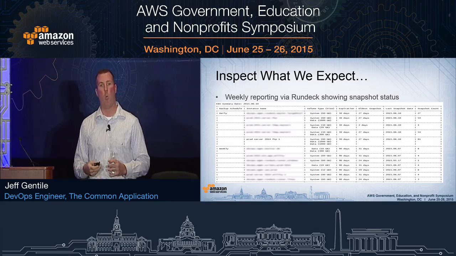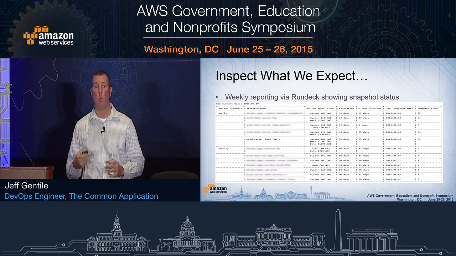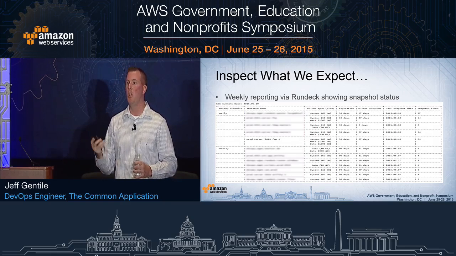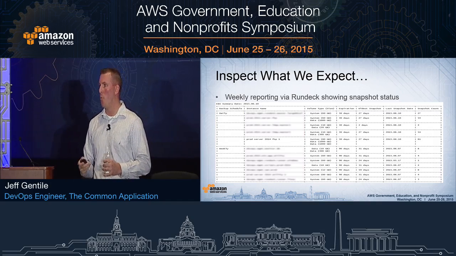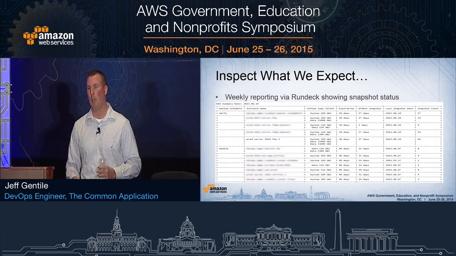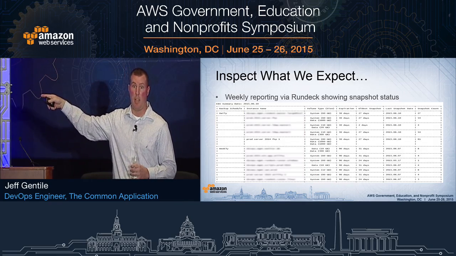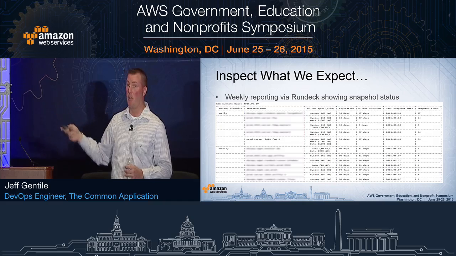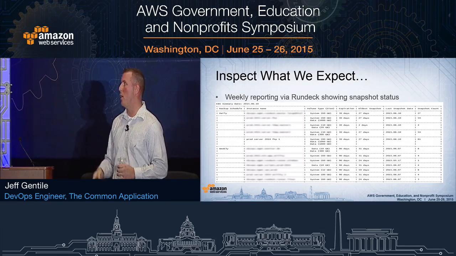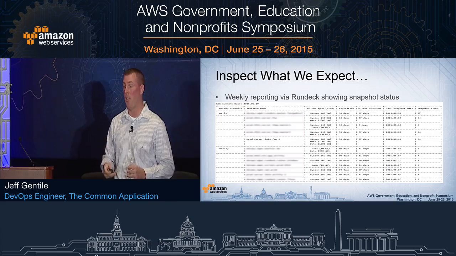And we looked back to see why. Rundeck has some nice logging where you can see failed jobs. And we looked back and said, well, we didn't have permissions. So we were talking to some of the guys in the group, and they said, oh yeah, we were doing some permission changes, and we probably inadvertently deleted it. So that's why this is very helpful. Again, something that we have emailed to us every single week. It just helps us keep a keen eye on what is actually going on.